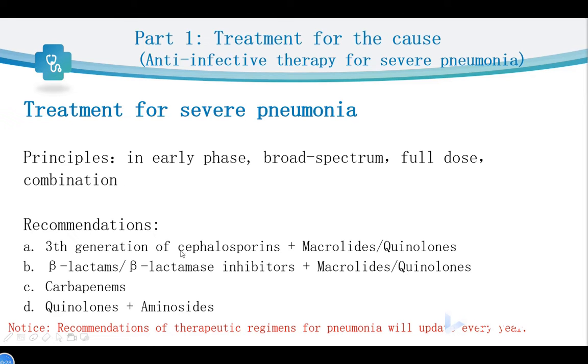Here are the recommendations for severe pneumonia. But we must notice that the recommendations of the therapeutic regimen for pneumonia are updated every year. So we need further study of the pneumonia guideline.